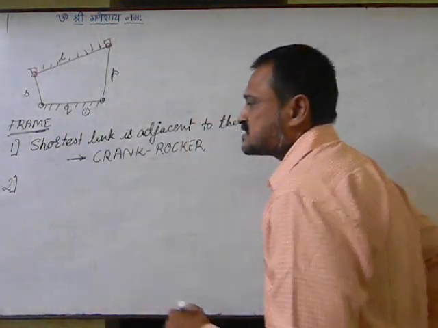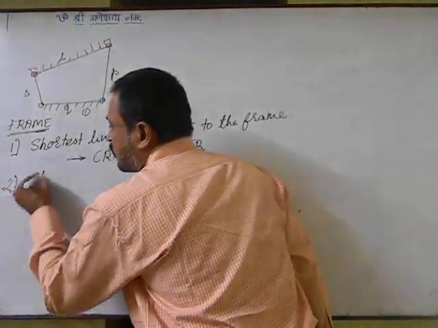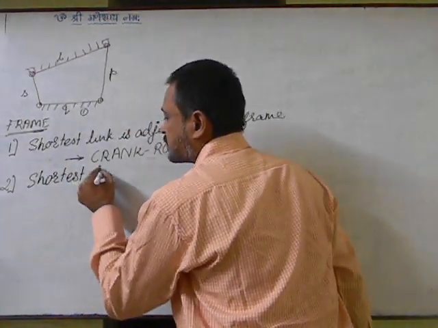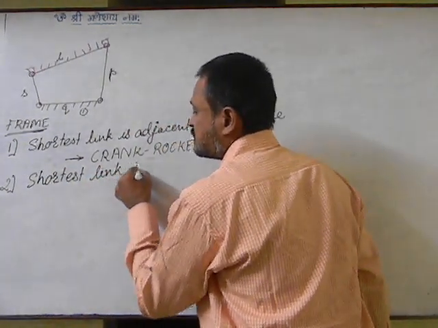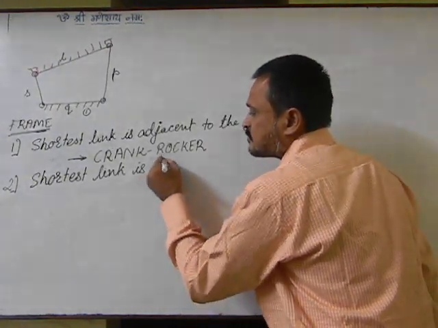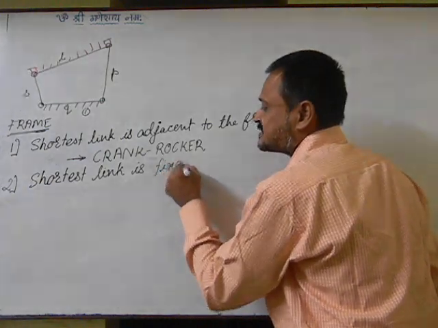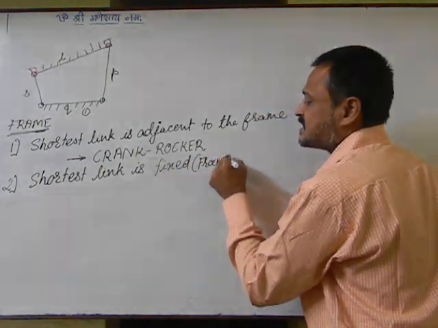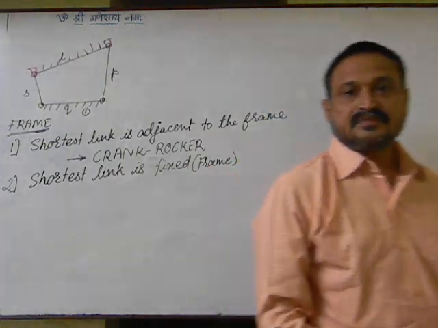Now the second situation is when the shortest link is fixed. So when the shortest link is fixed, we are selecting the shortest link as the frame.